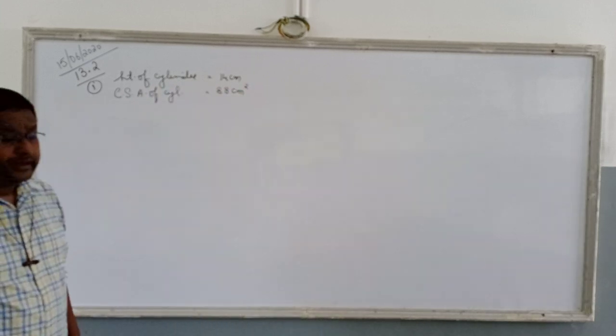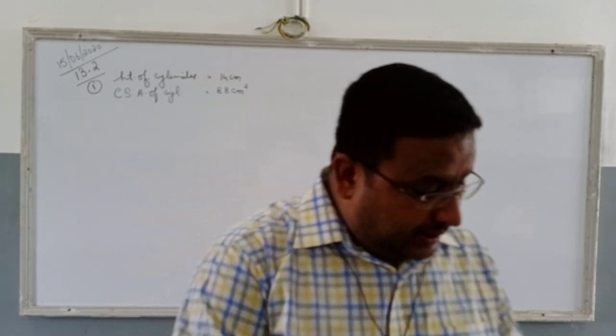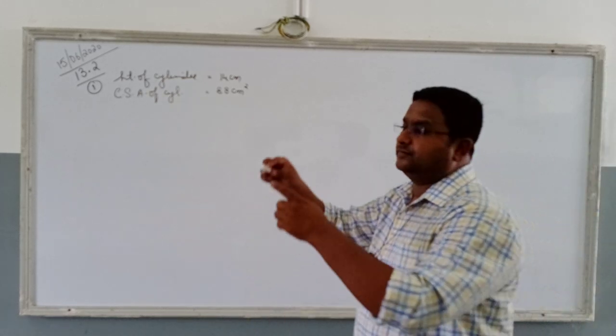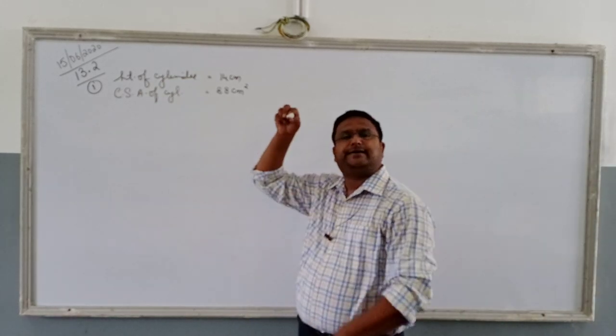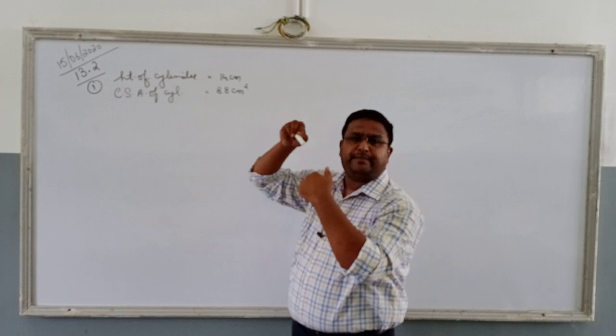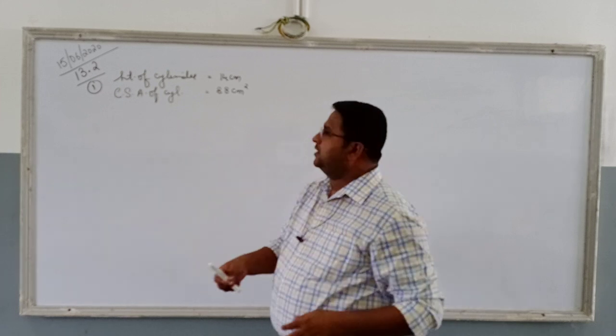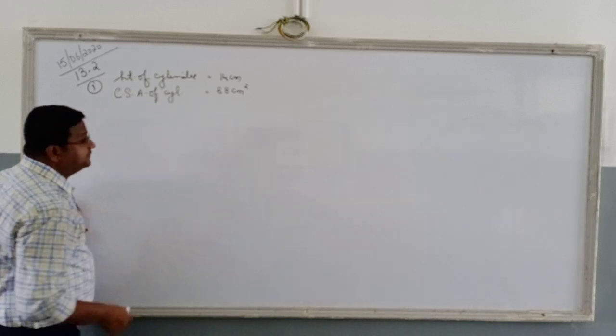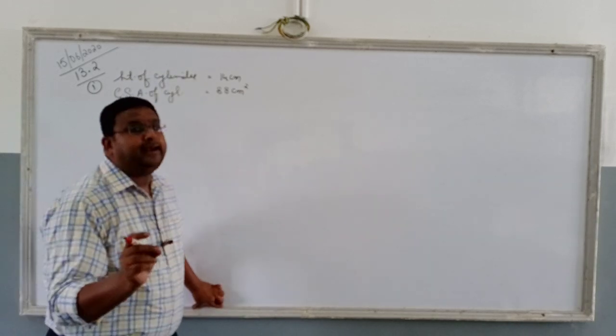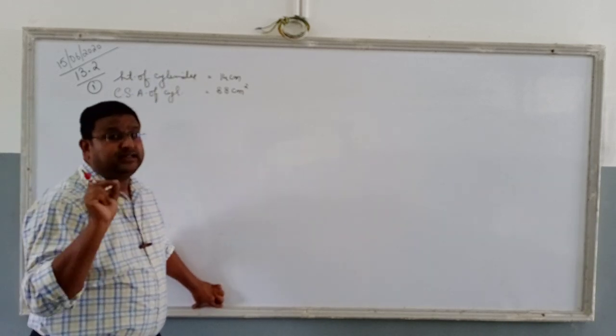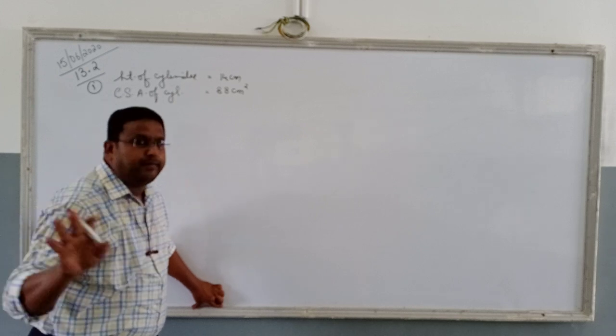He says find the diameter of the base of the cylinder. This is the base of the cylinder, and he tells us to find the diameter. We all know it is a circle, so double of radius is the diameter. We know the formula for curved surface of cylinder. I am repeating again. Please learn the formulae, otherwise you won't be able to do anything.